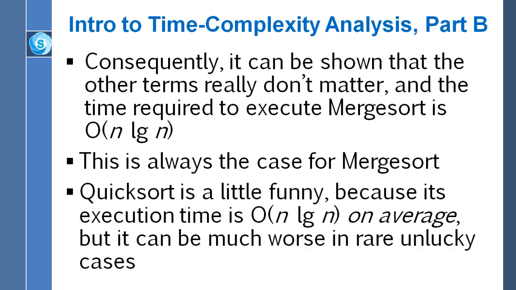However, while we can say that that's true of quicksort usually and on average, there are some bad cases when quicksort takes a very long time to execute. Okay? Well, what is it that slows down quicksort?